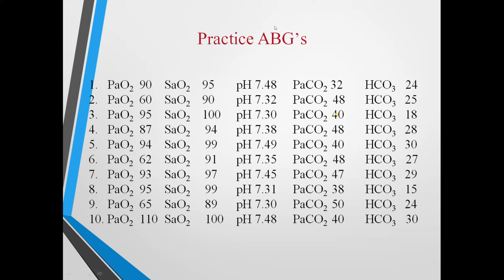Oh, respiratory alkalosis. Good. This is respiratory alkalosis. Let's come to 2. PO2 is 60, SO2 is 90, pH is 7.32, PCO2 is 48, bicarb is 25. Respiratory acidosis. Good. Look into the pH, 7.32, PCO2 is 48, and bicarb is 25.